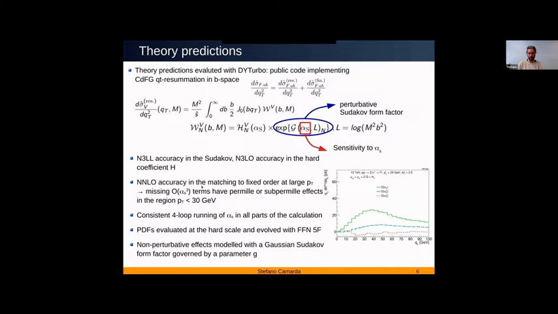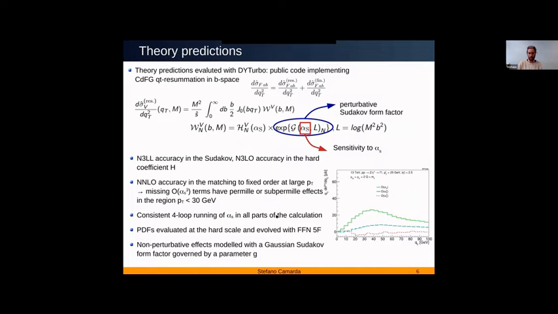However, as shown in this plot of the finite order contribution, we are talking about a missing correction of order alpha S cubed that is at the level of per mille or even sub per mille in the region that we are interested in, below 30 GeV. So in summary, except for this little missing piece, we have a consistent N3LO calculation where alpha S is running at four loops in all parts of the calculation.